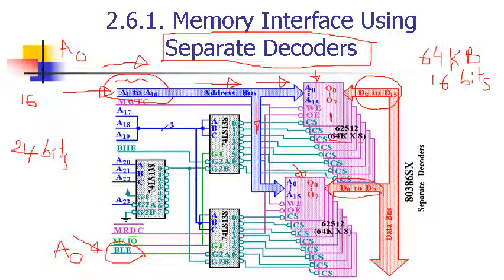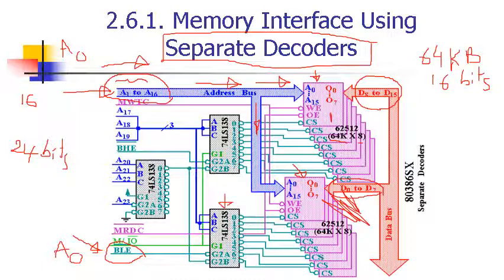Now, if you are to access a memory location from your lower bank, D0 to D7, you have to activate this decoder. How?